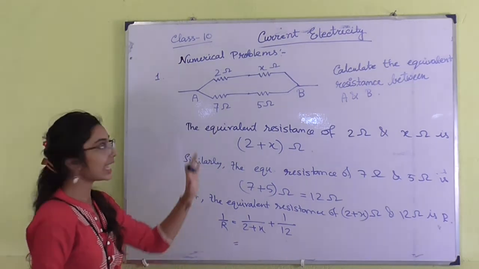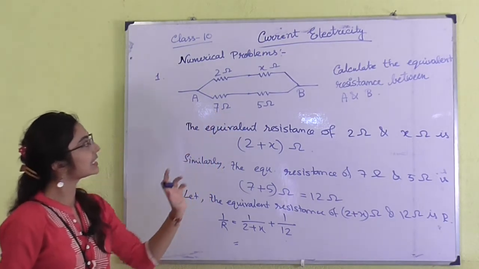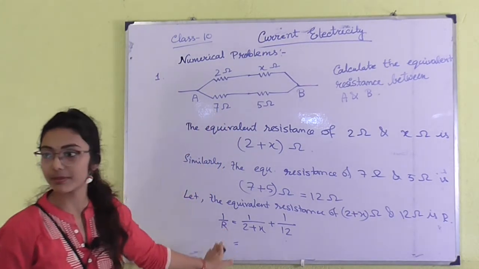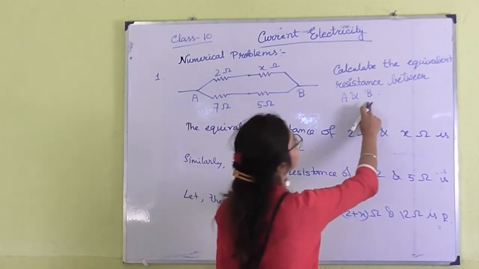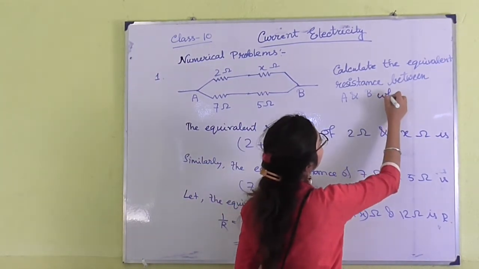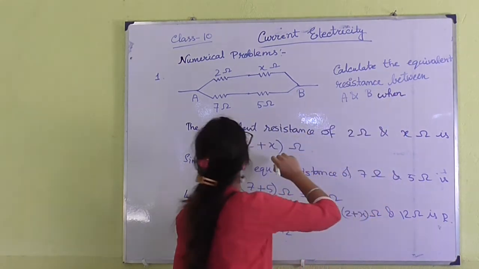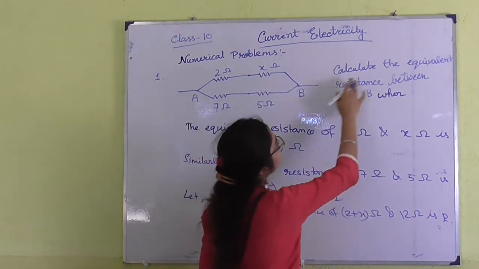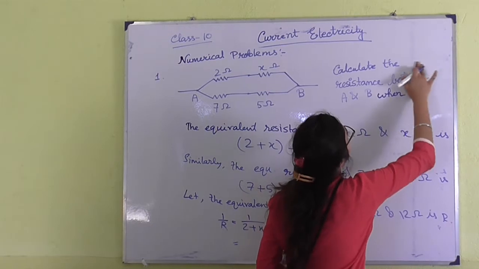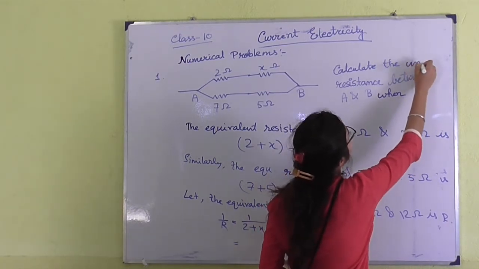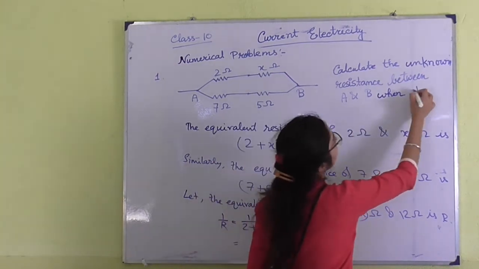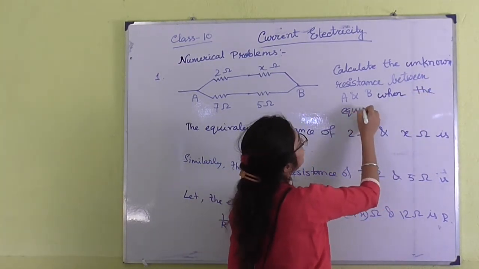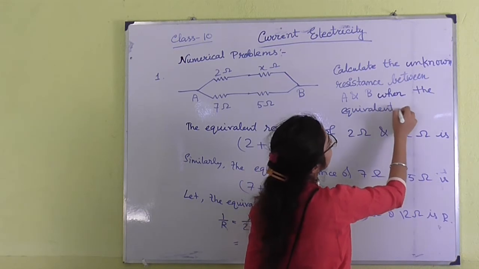We have to find x, and R is given. This resistance must be given, that is 4. The problem is to calculate the unknown resistance between A and B when the equivalent resistance is 4 ohm.